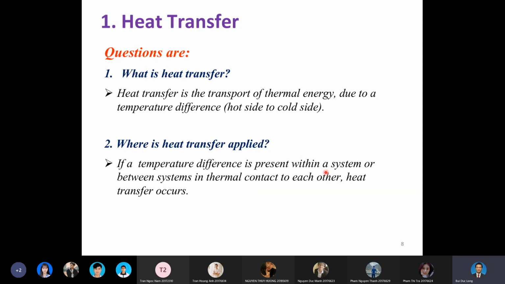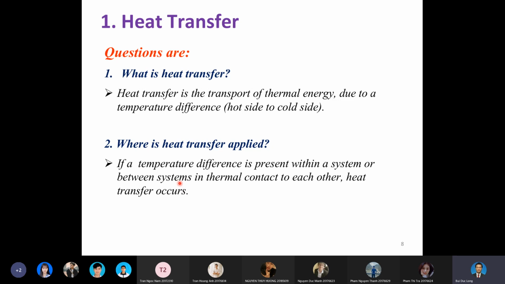Okay, so within a system, it means that, for example, one solid object. So that we consider one system, one homogeneous system. Or between systems, it means you have two.